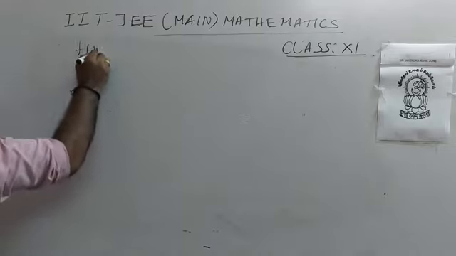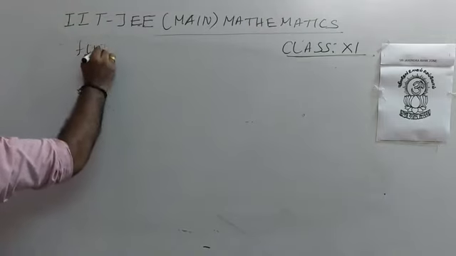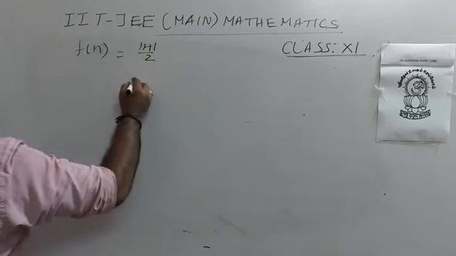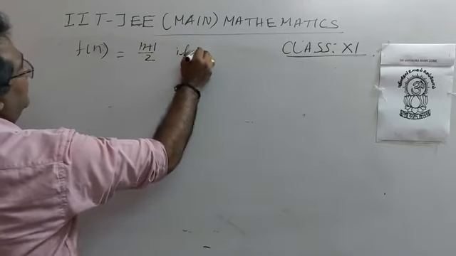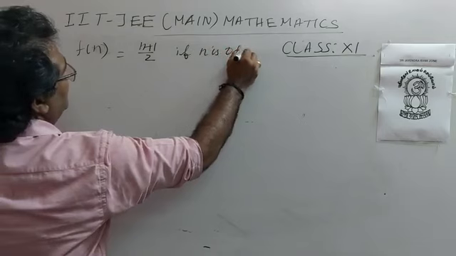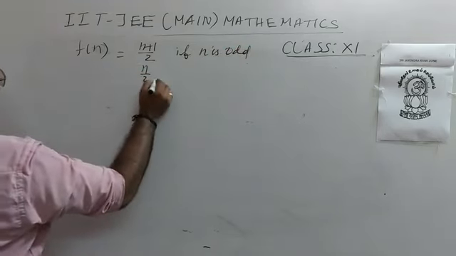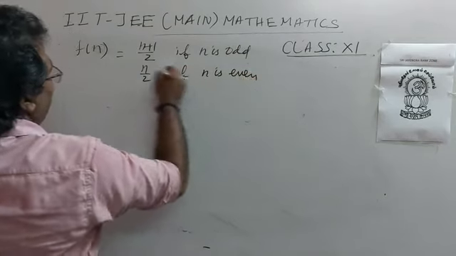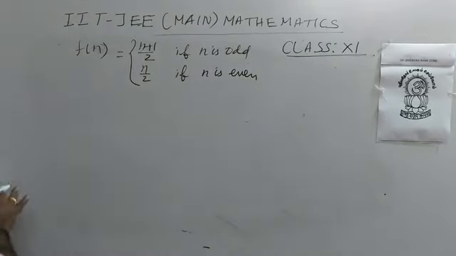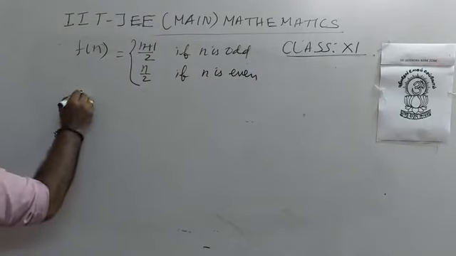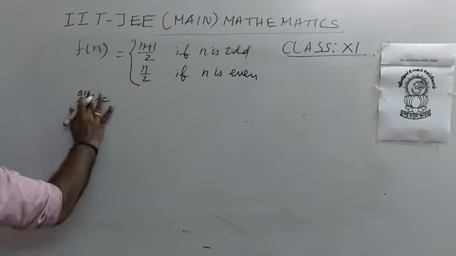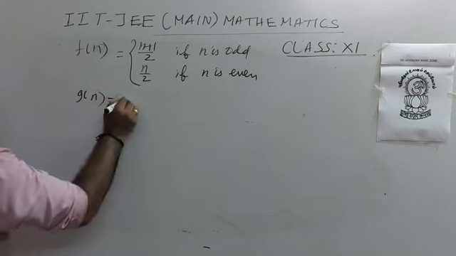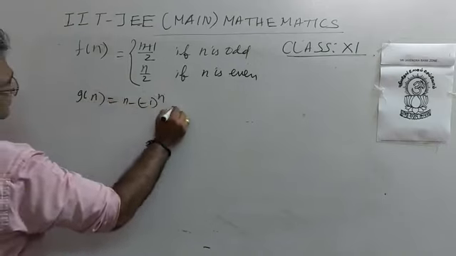So f of n equal to (n plus 1) by 2 if n is odd, n by 2 if n is even. So it's the given statement. G of n is n minus (minus 1) whole power n.